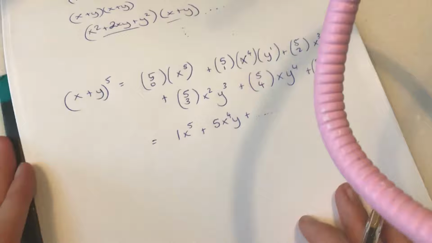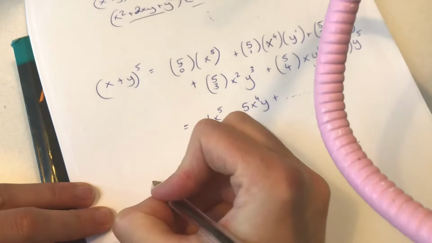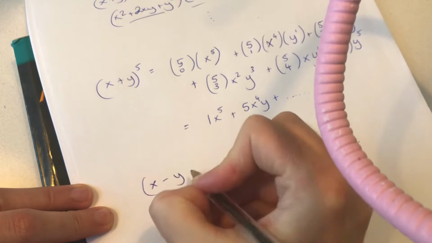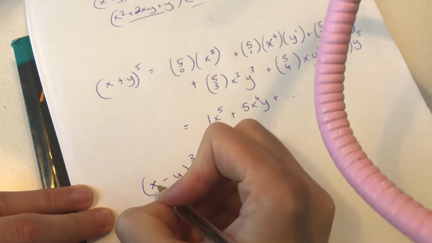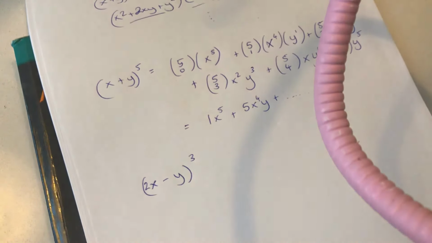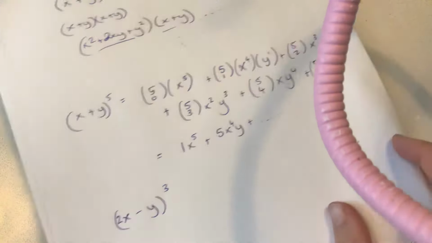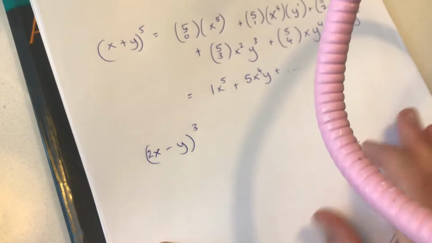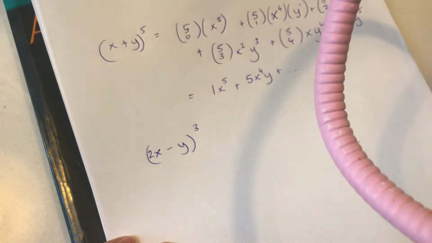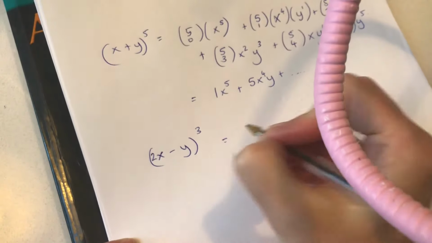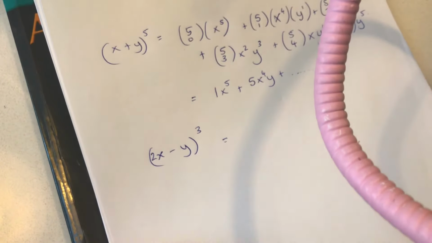So let's go for maybe 2x minus y to the power of 3. To be honest, I think I'd just be multiplying that out by itself 3 times. But for the sake of it, using the binomial expansion, what's n in this situation?